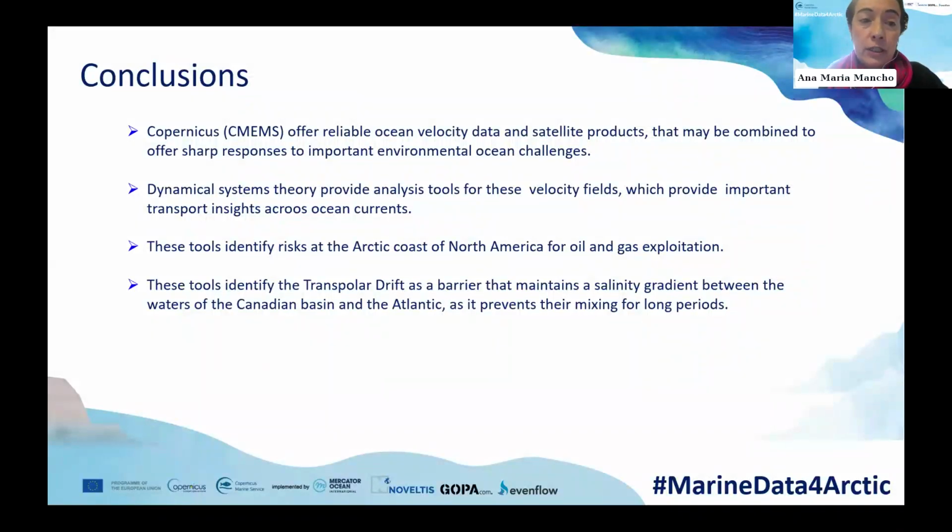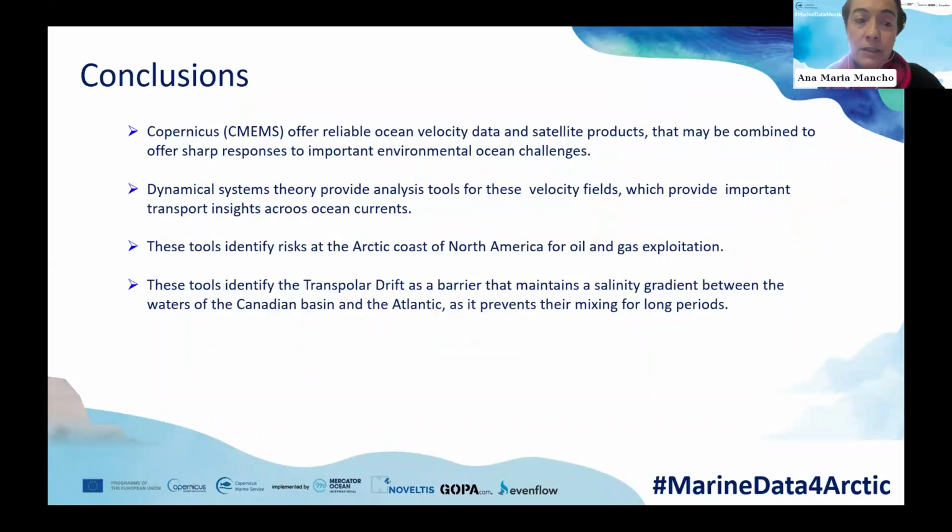So as conclusions, I would say that Copernicus offers reliable ocean data and also satellite products that may be combined to offer sharp responses to important environmental ocean challenges. And dynamical system theories provide tools to interpret transport in these currents.